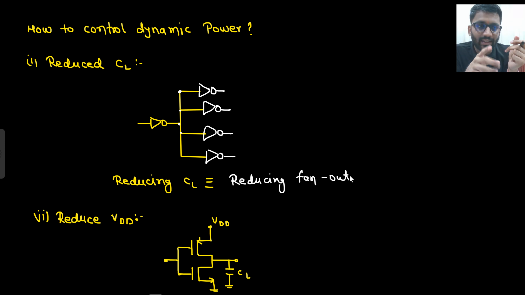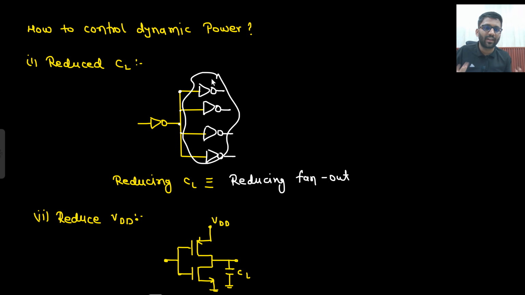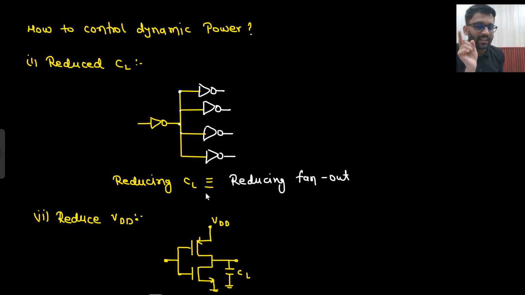But let's say my design requires connecting 4 stages, then I will have to connect 4 stages, right? So you will have to compensate, whether you need a good fan out or whether you want your power to be reduced. That you need to see as per your design.